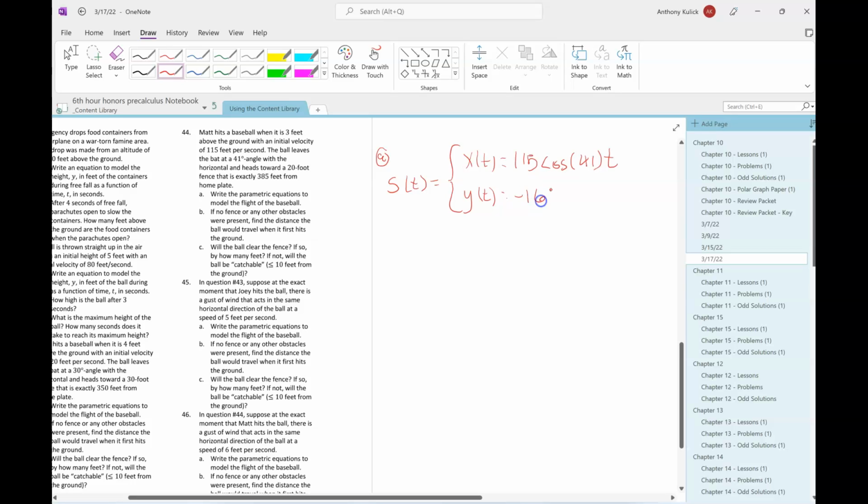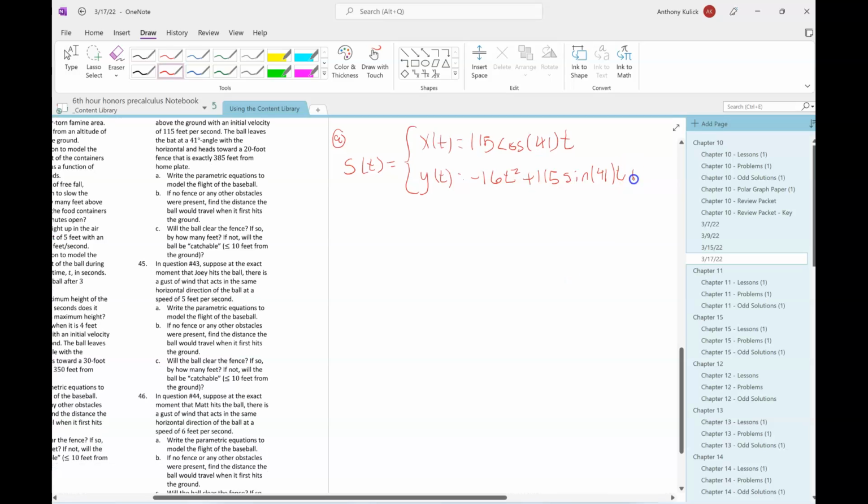Y is -16t squared, plus initial velocity, 115, sine theta, sine 41, t, plus initial height, 3. So that's my part A.